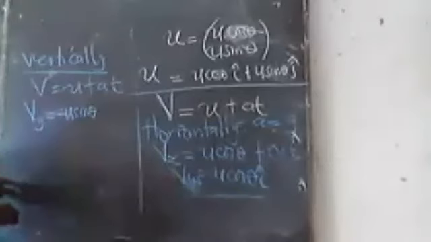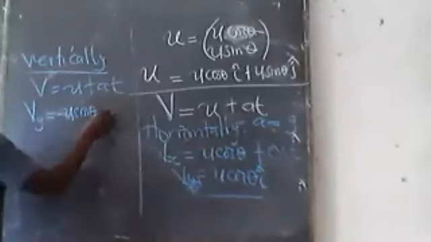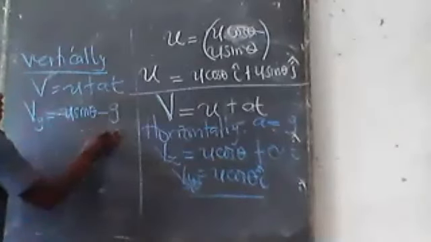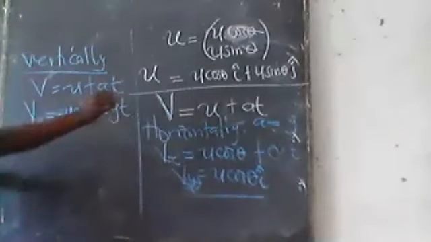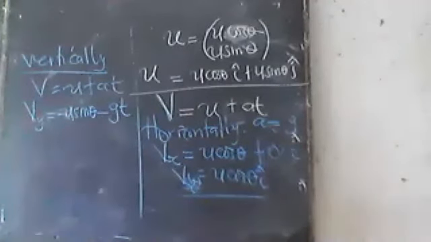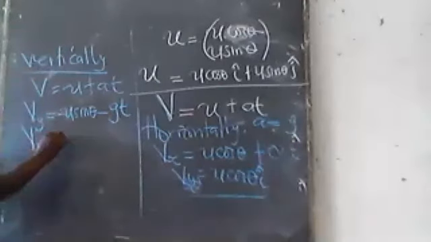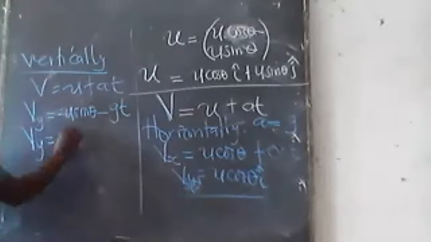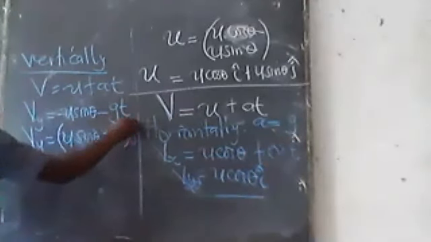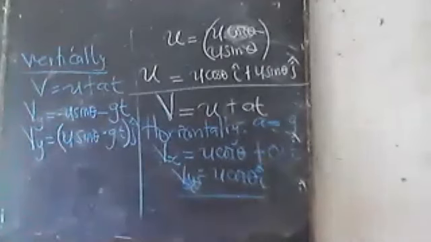Acceleration became negative g, times t. So our vertical component of the velocity now becomes, in the vectorial approach, we simply attach a unit vector j like that. So those are the two.